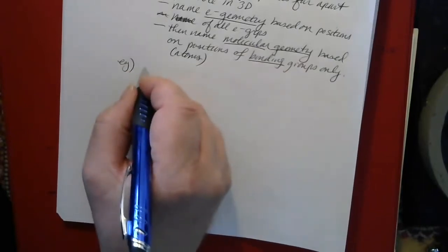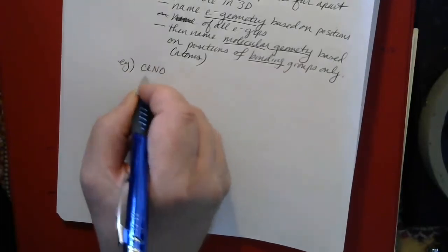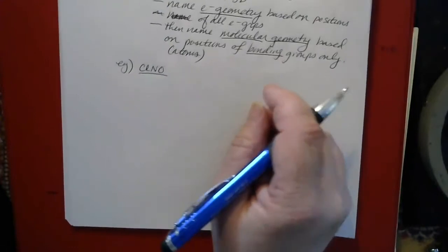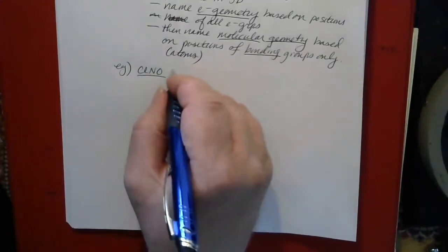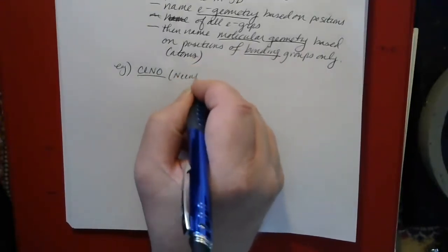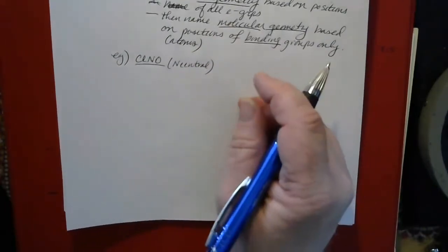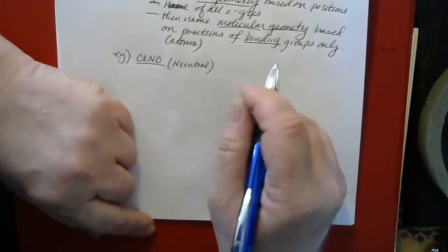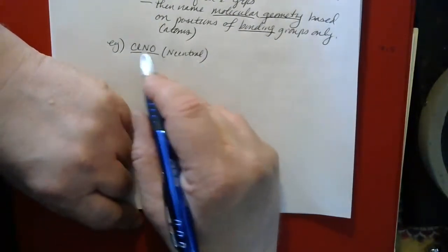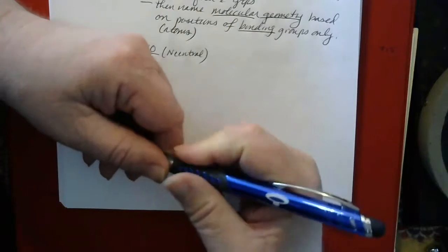So for an example of that, we have ClNO. It's useful to know in this case that the nitrogen atom is the central atom, and that's why it's written the way it is.